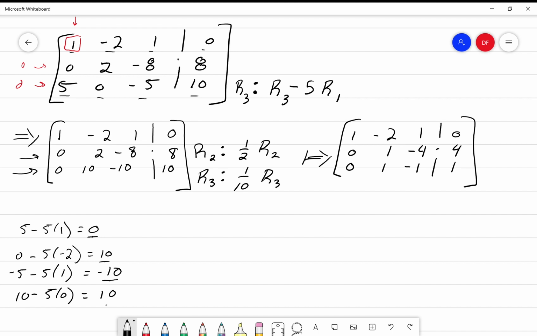Okay. So the first thing I wanted to do is get this to be a 1, this to be a 0, and this to be a 0. And we see here we have that. So the next thing I would want is I go to row 2 and I choose the very first number that is not a 0.